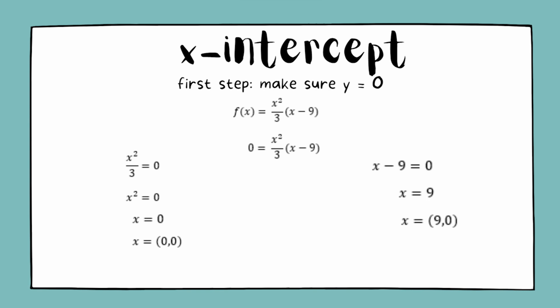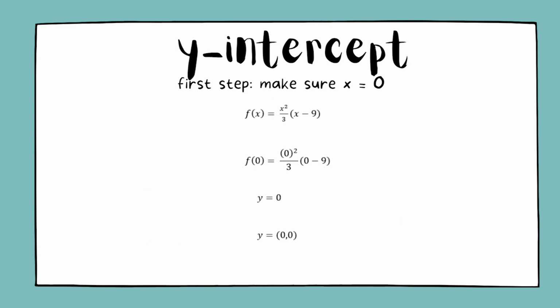I have separated x squared over 3 and x minus 9, both equal to 0. For the x value, I have gotten 0 and 9 for my x-intercept. Then we write in coordinate form, taking the y value, which is 0, so we get the coordinates (0, 0) and (9, 0). So these two are the x-intercepts.